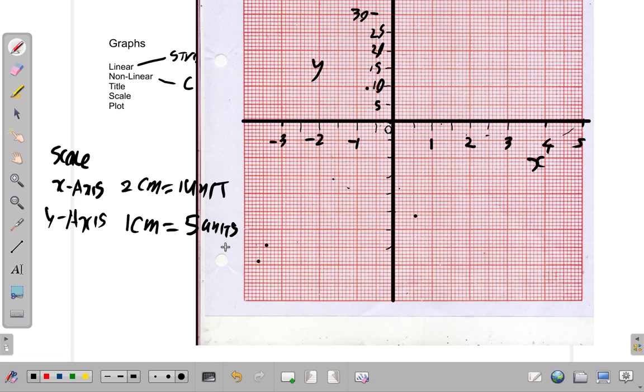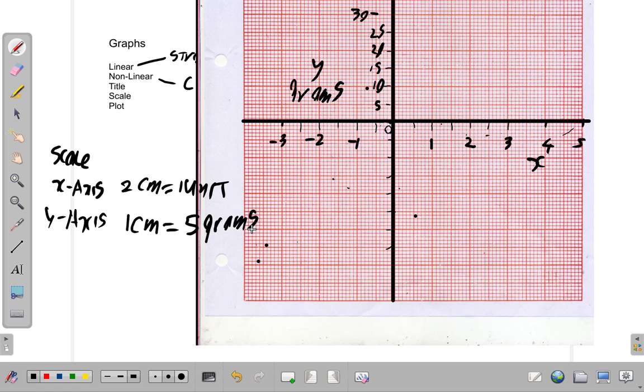Now, in some graphs, the unit might be specified. For example, if I collected stones and I'm measuring the mass of each stone in grams, then if this on the y-axis is in grams, then I would write that my scale is 1 centimeter equal 5 grams.